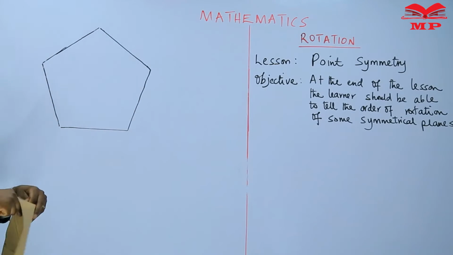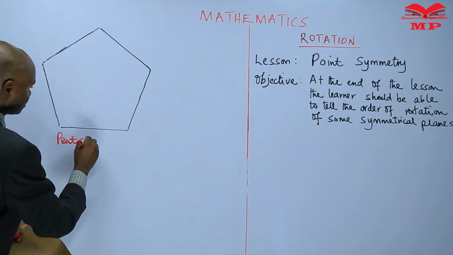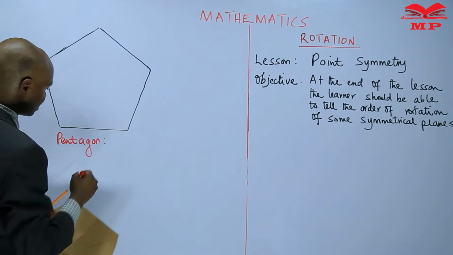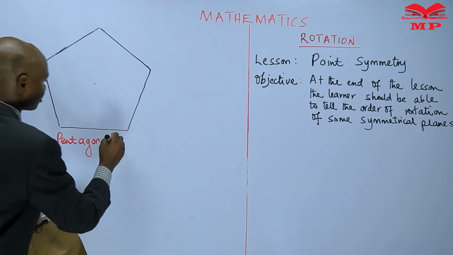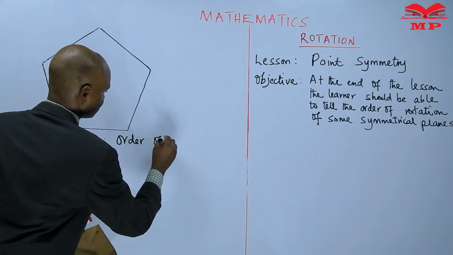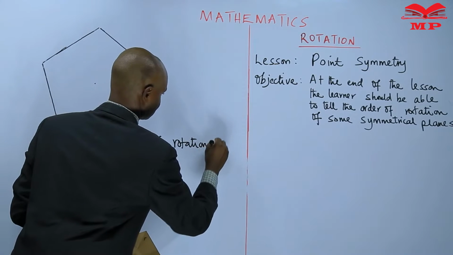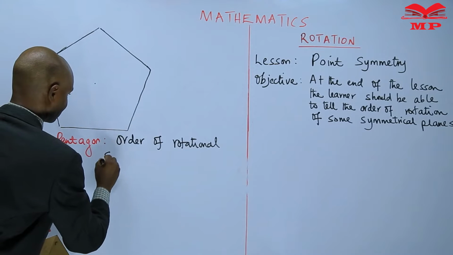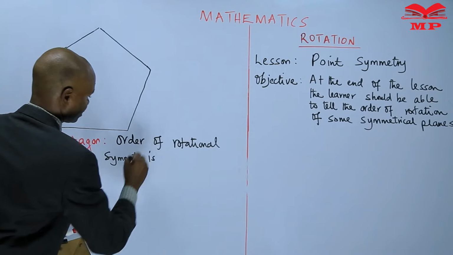So if we have that pentagon, for our case here, the order of rotational symmetry is 5.